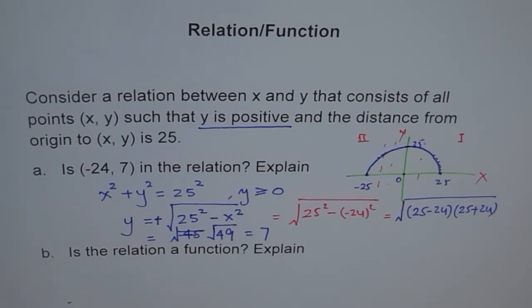I hope with this example you understand a couple of things: how to restrict domain and range, and how to calculate without calculators. So this is a function, yes it is, and we did explain it. Hope it helps you to answer similar questions. Thank you.